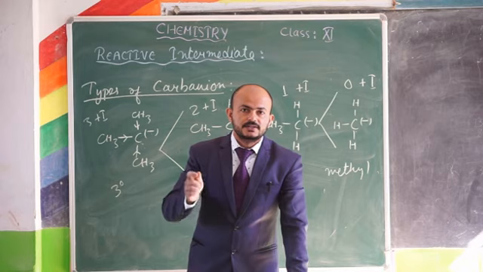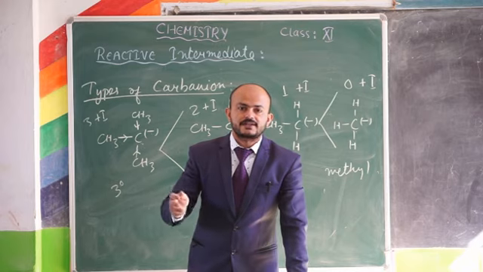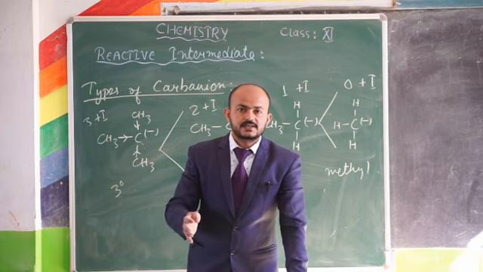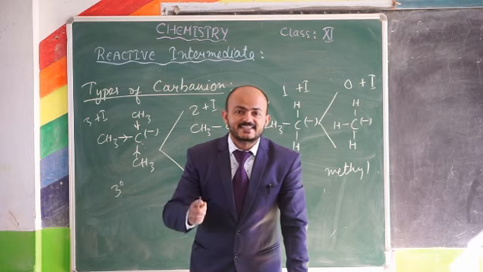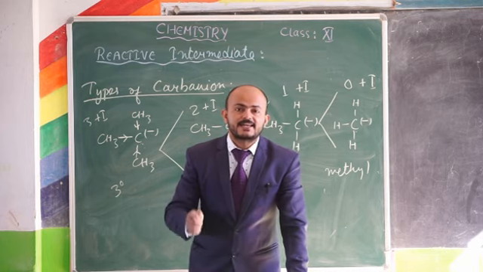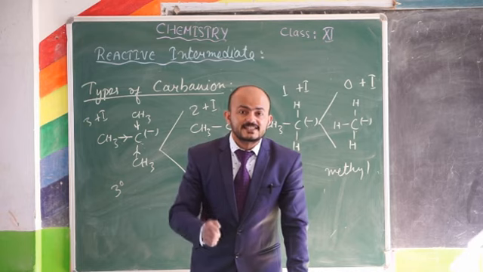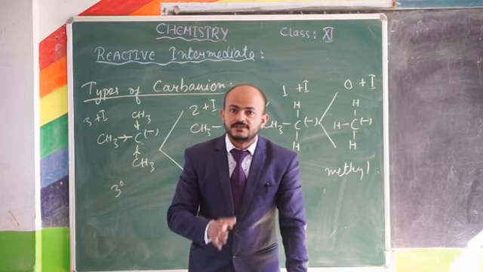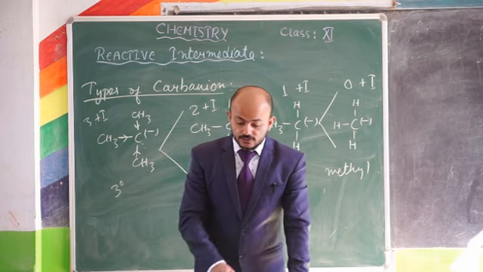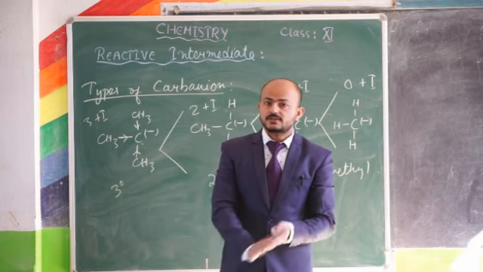And here also you have tertiary, second degree, first degree, and methyl free radicals, and the stability order will be the same as that of carbocation, because they are electron deficient. Please remember this. Okay? So please keep revising whatever has been taught. Thank you.